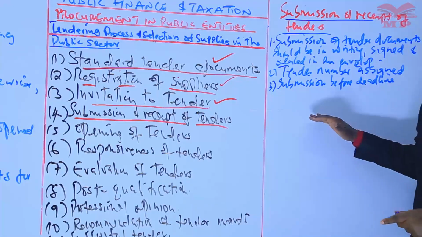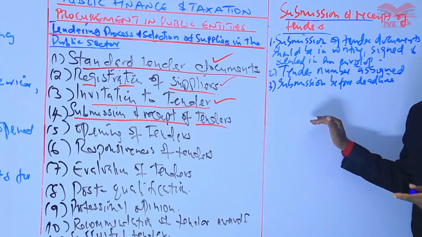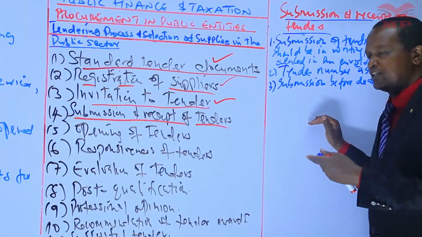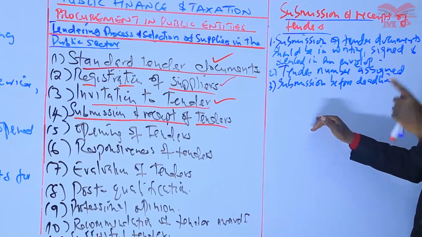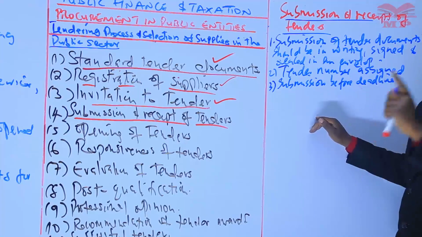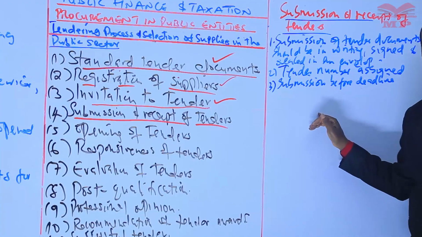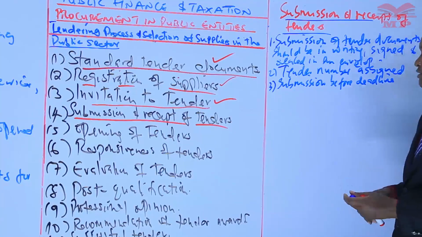So if the deadline is, say, on 30th September, that means that all tenders should be received by 29th of September. So tenders must be submitted before the deadline. Any tender submitted after the deadline cannot be accepted by the procuring entity.